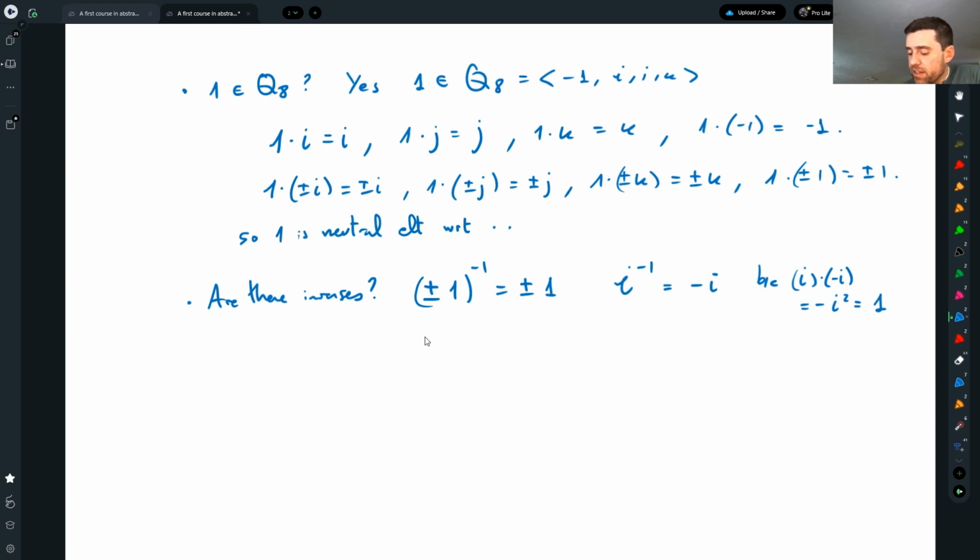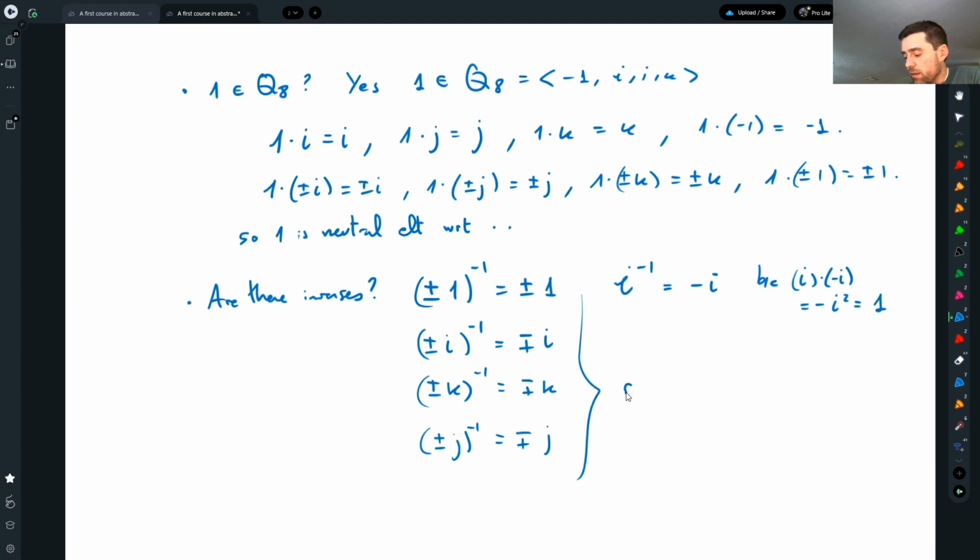So what happens is that the inverse of plus or minus I is minus plus I. The inverse of plus or minus K is minus plus K, and the inverse of plus or minus J is minus plus J. So every element has a multiplicative inverse. So that checks all the axioms, and that implies that Q8 under multiplication is a group.